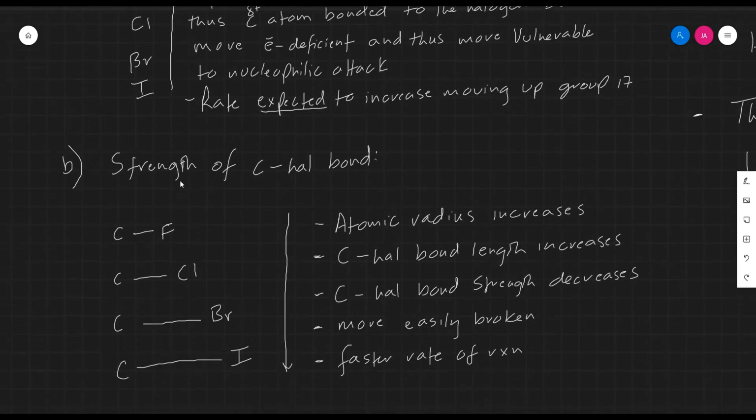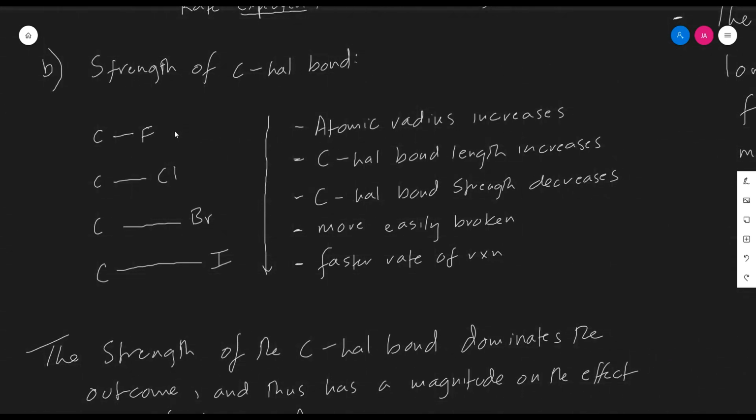On the other hand, for the strength of the carbon-halogen bond, as you go down group 17, the atomic radius of the halogen increases, as fluorine has the smallest radius, chlorine has a larger atomic radius, bromine has an even larger atomic radius, and iodine has the largest atomic radius. Thus, as you move down group 17, the carbon-halogen bond length would increase, and thus its bond strength would decrease, becoming more easily broken, and thus a faster rate of reaction would occur.